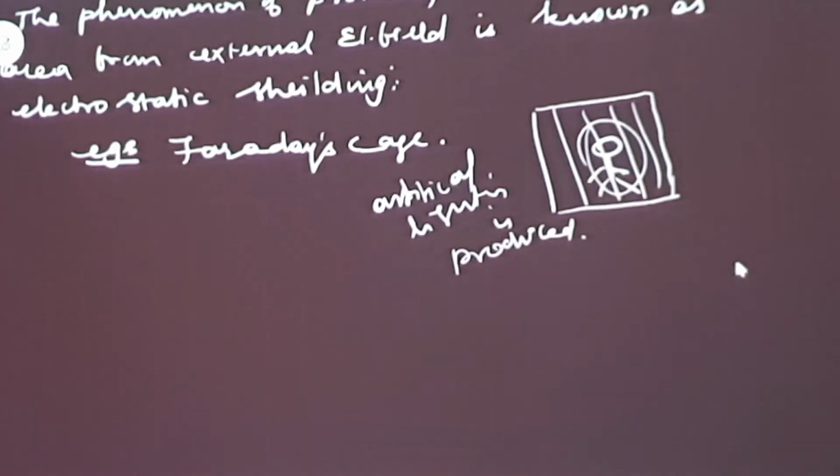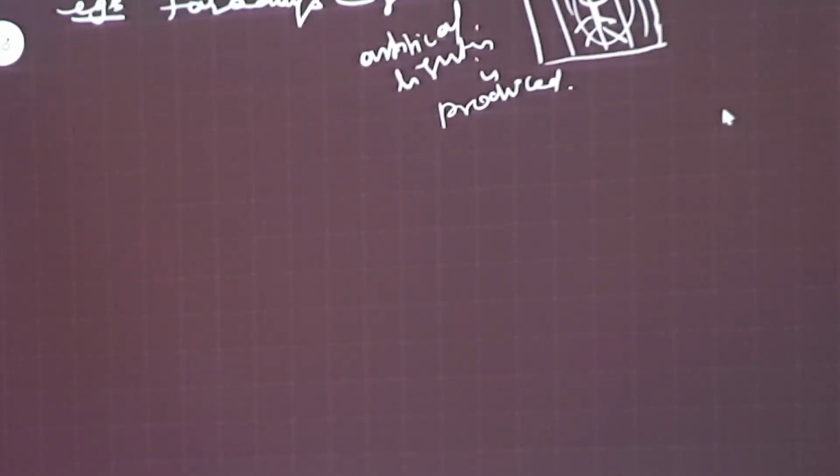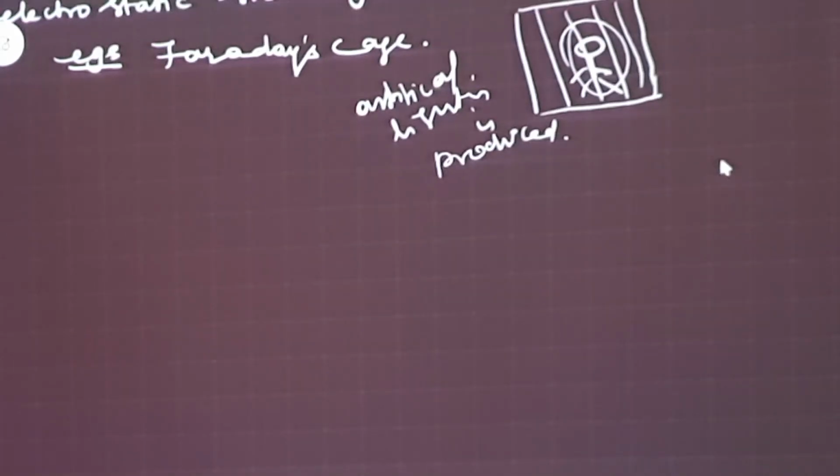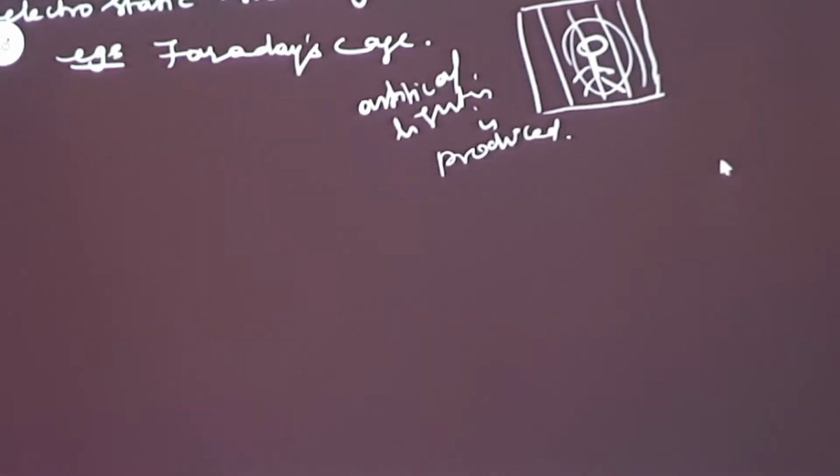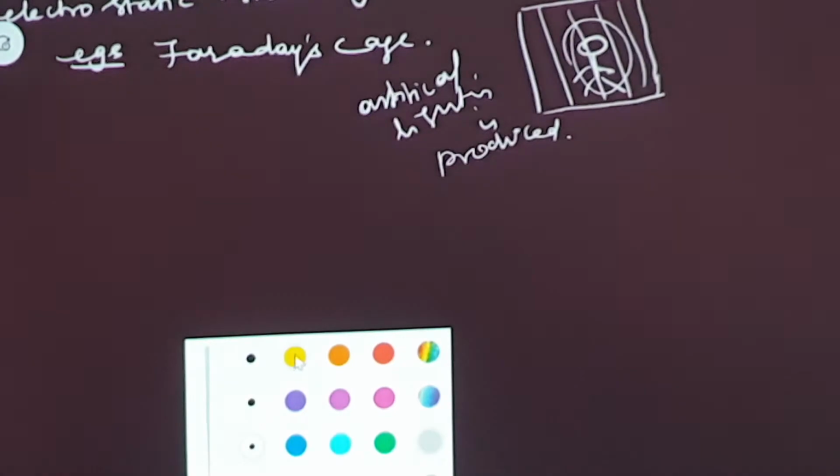Usually based on this, a 2-mark or 3-mark question may be asked. What is that question? Why is it safe, or how can you protect a person during lightning when a thunderstorm is occurring?